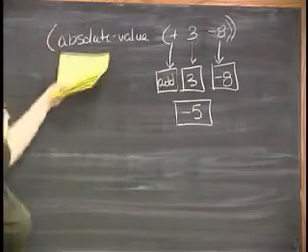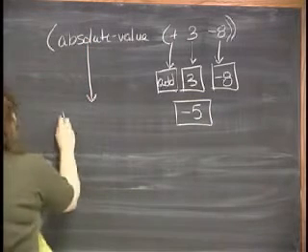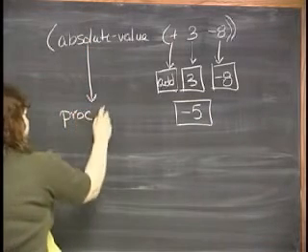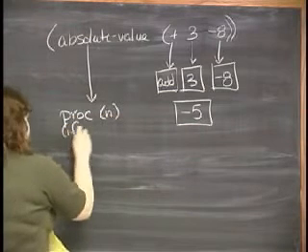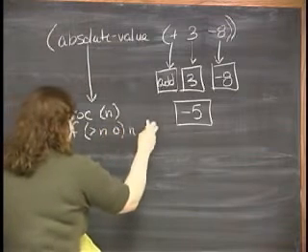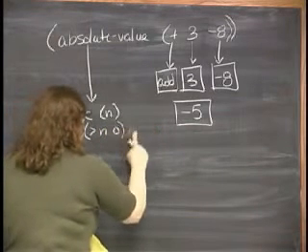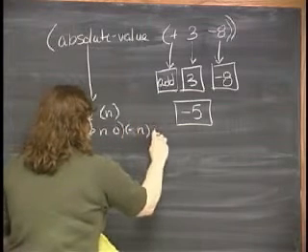Okay, let's find the value of this sub-expression. Well, this is a procedure of one argument whose body is if n less than 0, minus n. Space.